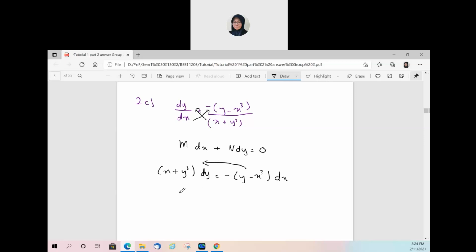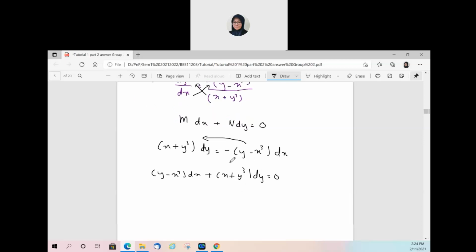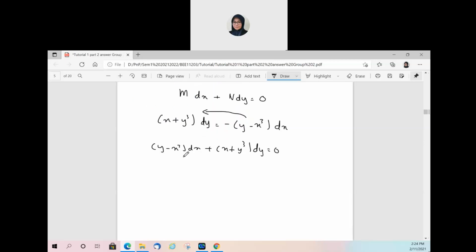So minus, you bring to this side, it will be plus. Then you have y minus x cubed dx plus x plus y cubed dy equals to 0. Now, this is your M and this is your N. So M equals y minus x cubed and N equals x plus y cubed.